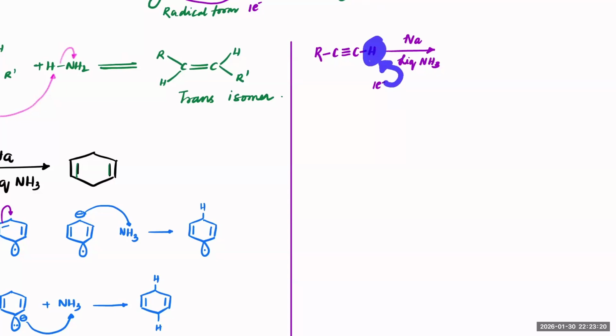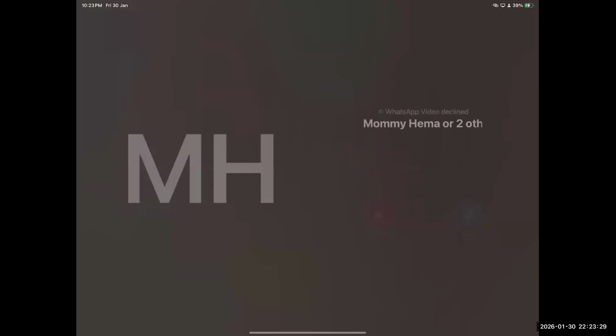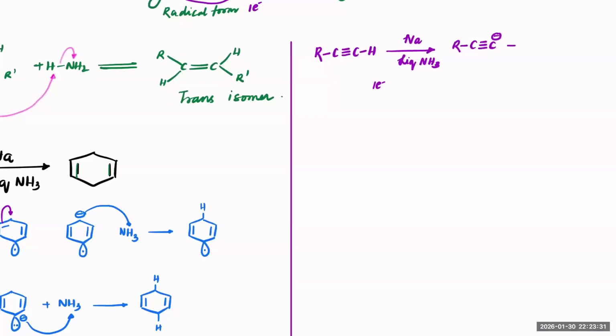It will immediately take that hydrogen away and convert into R C triple bond C minus. That minus will be formed, and then you will see half of H2 will be formed in this case. Yeah, that's how you will get the product formation. Clear?